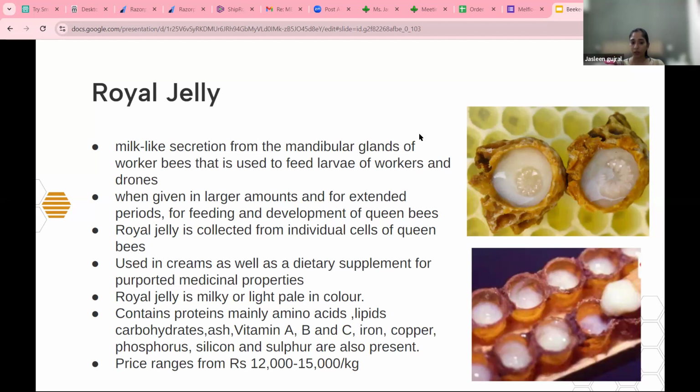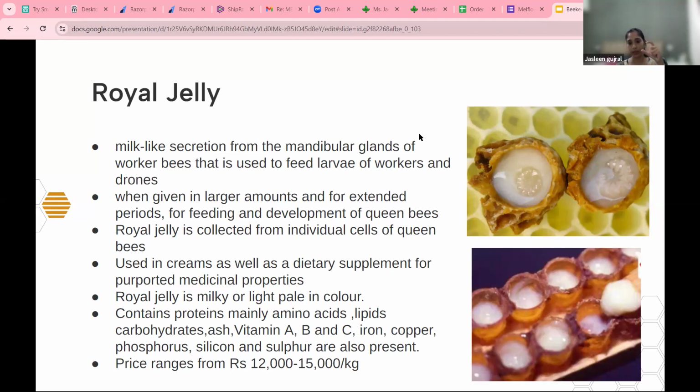The color of the royal jelly ranges from milky to light pale color. It has amino acids, lipids, carbohydrates, ash, vitamins A, B, C, iron and copper, and many other kinds of vitamins and minerals. The process of how it's collected is sort of complicated, but I'll tell you in brief.